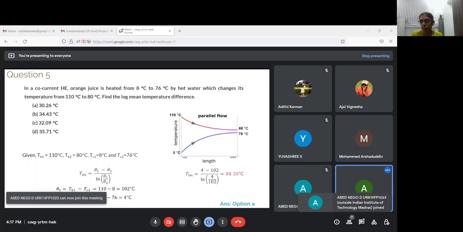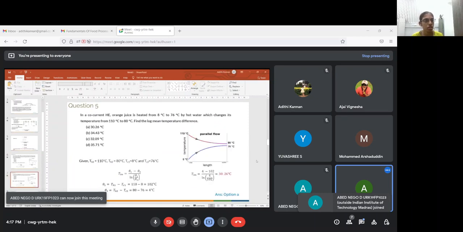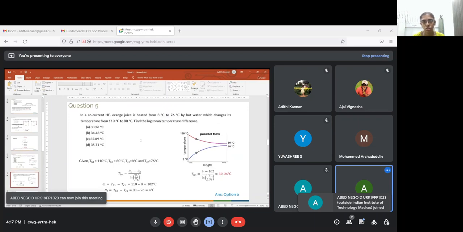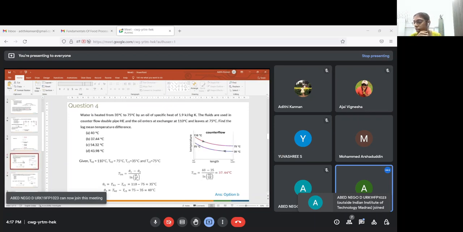More than the increase in the end temperatures, there is something very starkly different if you compare the parallel and counter flow. If you look at this and this, you will see a very major difference in the delta T. Over the entire length of your counter flow, your delta T remains pretty much the same at the start and the end of your heat exchanger.